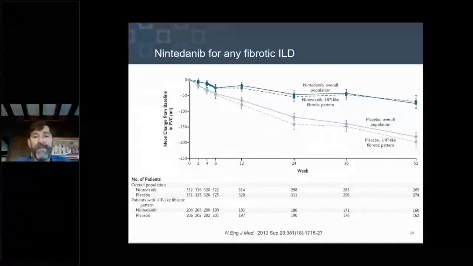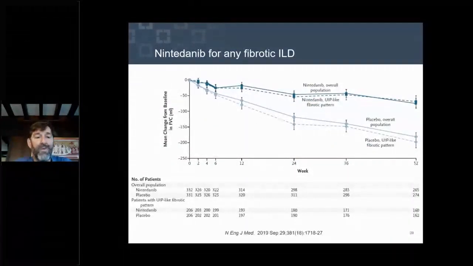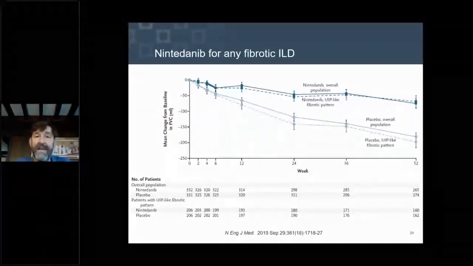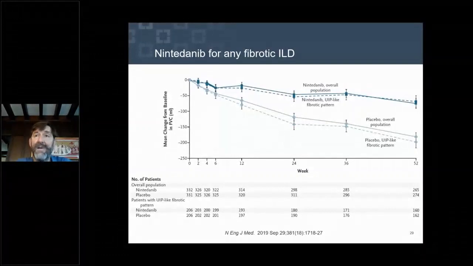And what this trial looked at was nintedanib in people who had a UIP-like fibrosis versus nintedanib in fibrosis without UIP, and they had to be getting worse. So you had to have more than 10% of your lung be fibrotic, and you had to be getting worse over the last year. And they called this progressive pulmonary fibrosis, PPF.